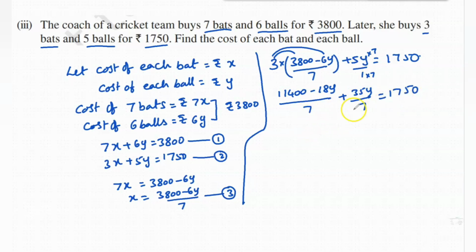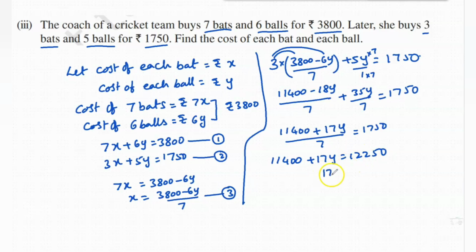Next, as the denominators are the same, we can write all together in the numerator: 11,400 minus 18y plus 35y, which gives you plus 17y, by 7 is equal to 1750. Send 7 to the other side: 11,400 plus 17y is equal to 1750 into 7. 1750 into 7 gives you 12,250.